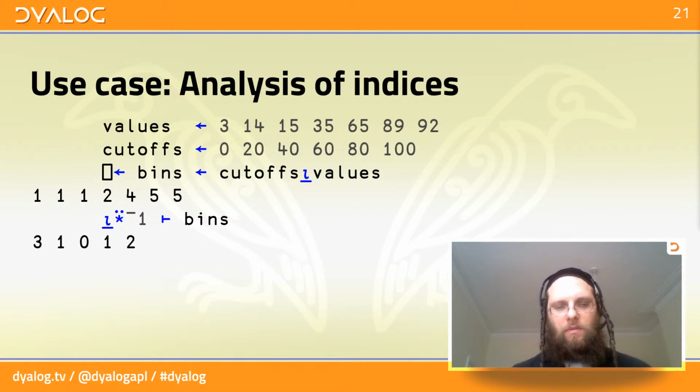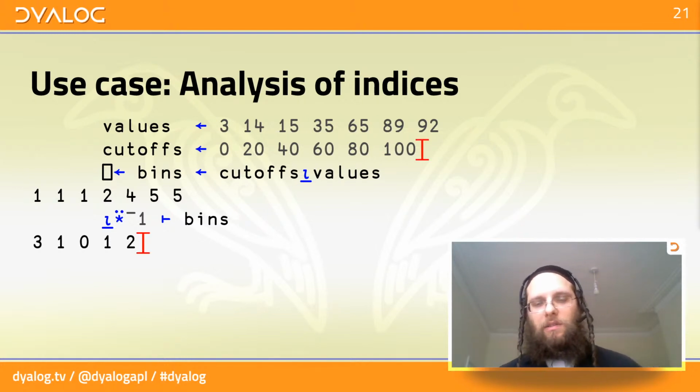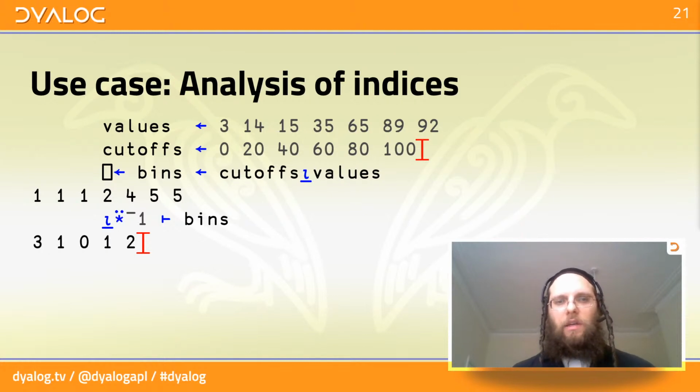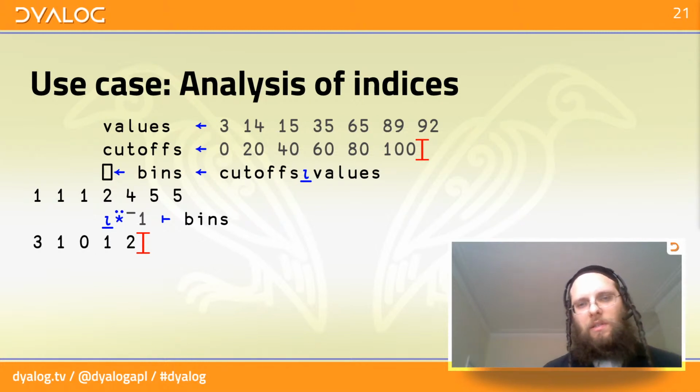But we're still not done, because again, if there aren't any in the last slot up here above 100, then we don't know that. The inverse of where cannot look outside of its argument and see what the original list of cutoffs was.